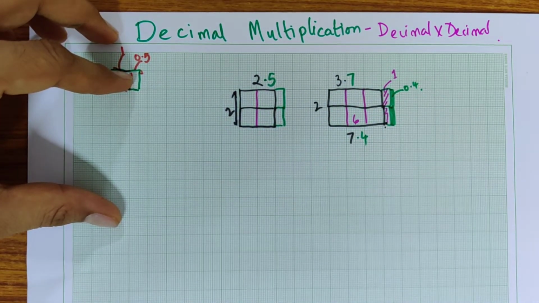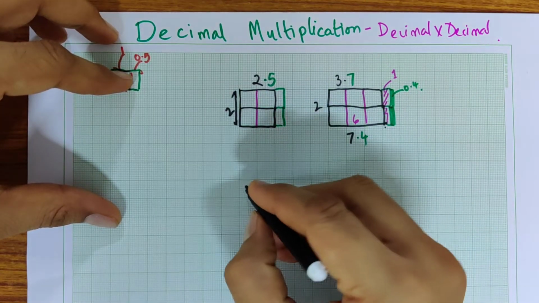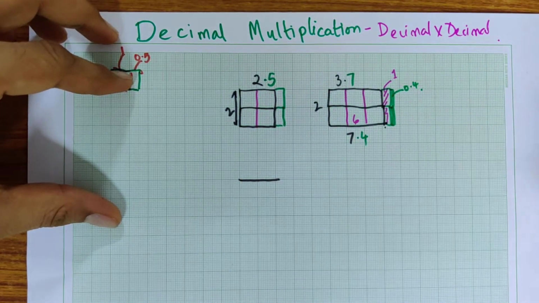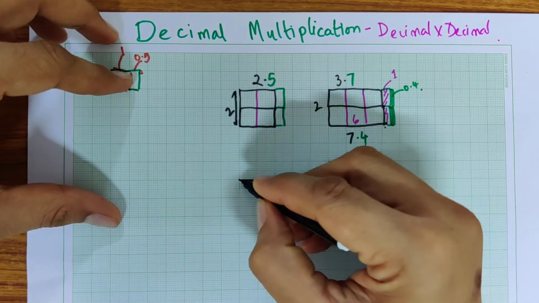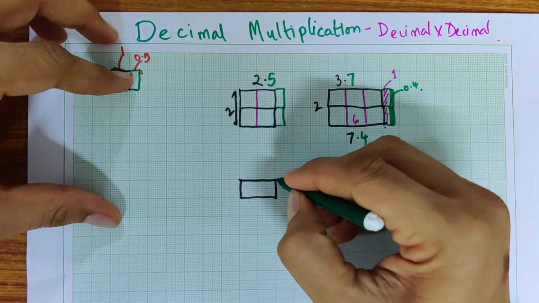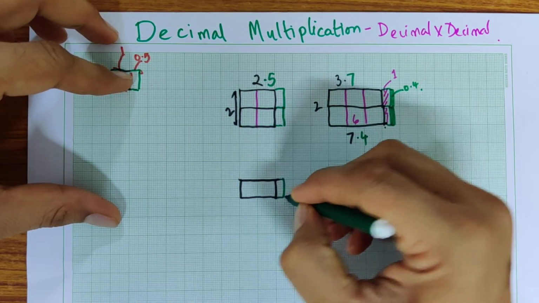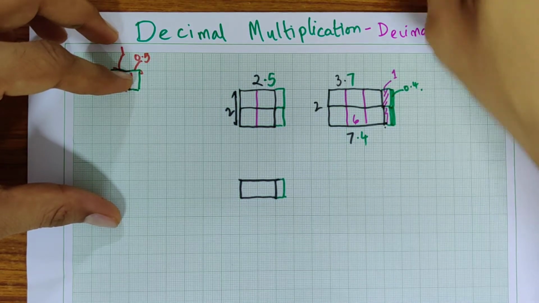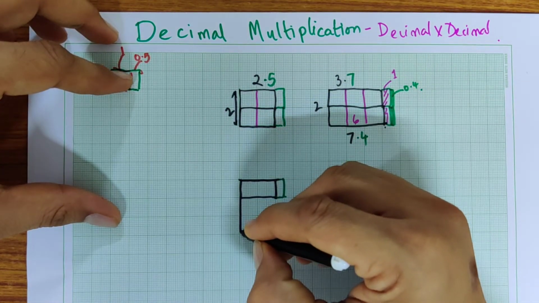So that means I can take the same 2.5, let's say 2 and 0.5, and let's say I want to multiply it by 3.7. So that means this length will be 3.